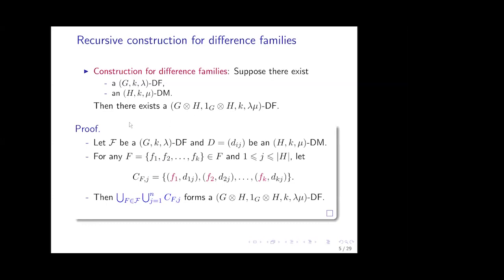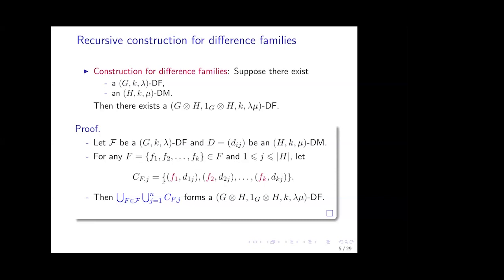The proof is easy. First, let F be a difference family, and D be an (H, k, mu) difference matrix. We take any base block F from the difference family. Its elements consist of F1, F2, ..., Fk.